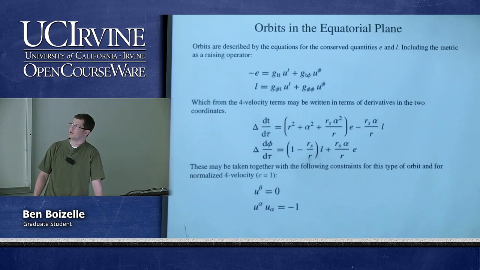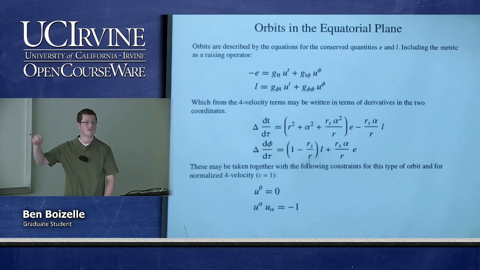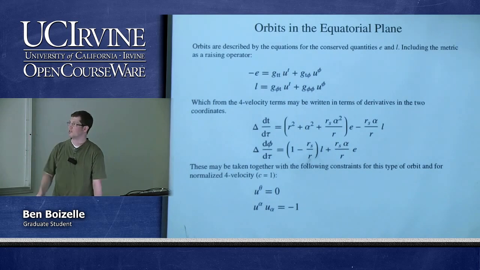Okay. Using again the conserved quantities E and L from before, the energy per mass and angular momentum per mass, and this L is different from the angular momentum J of the black hole, just to not be confused. And L, sadly, just as is typical, is also used for the null surface L, so don't get confused by that.